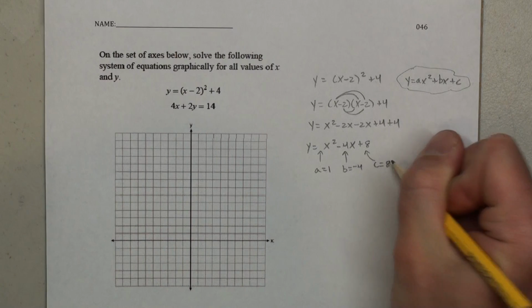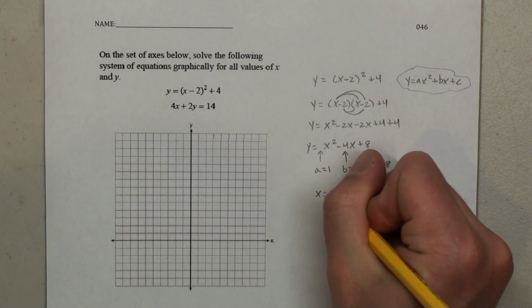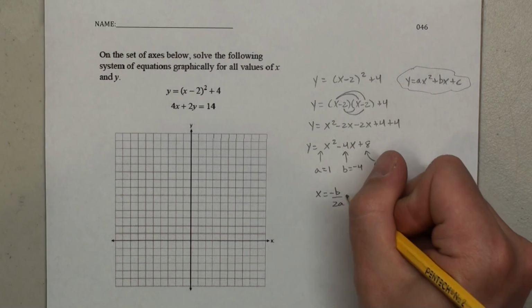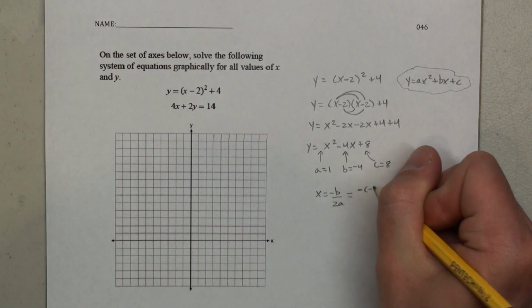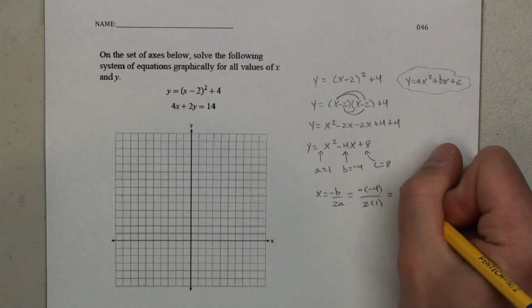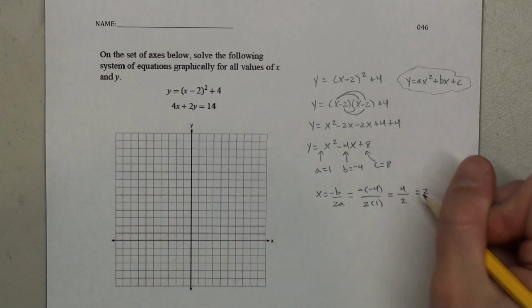And here's my c, which is 8. And the reason why I want that is because x equals -b over 2a is my axis of symmetry. So that's going to be -4 over 2 times 1, 4 over 2, which is 2.